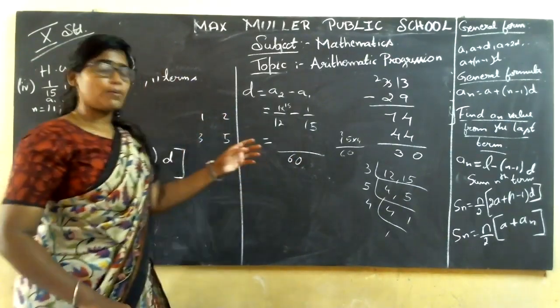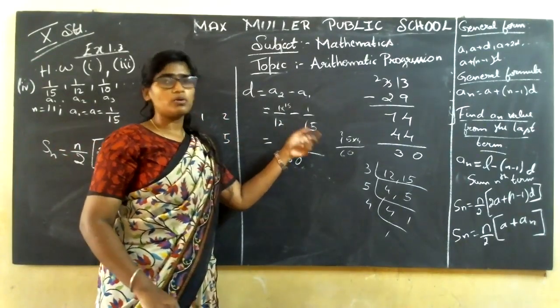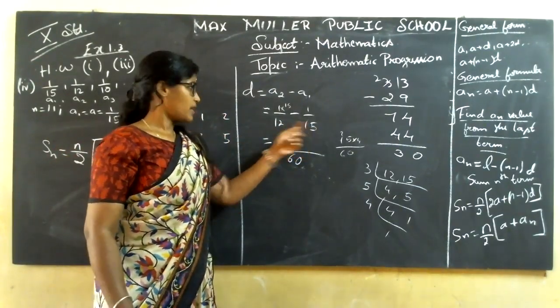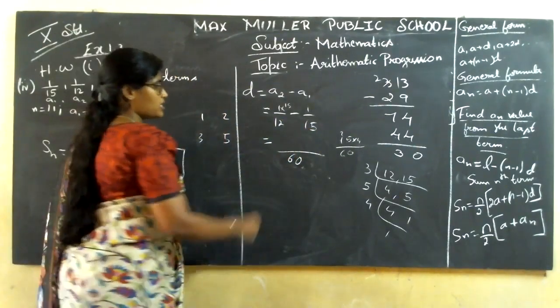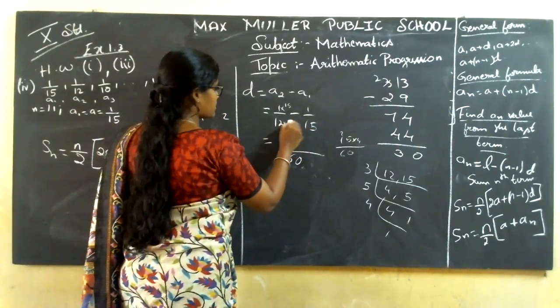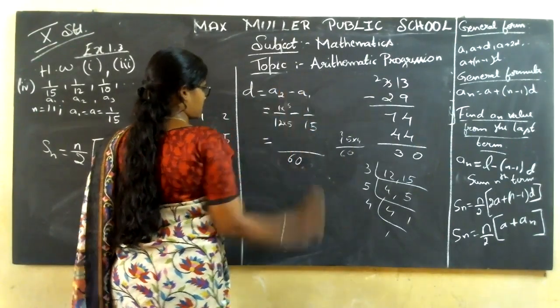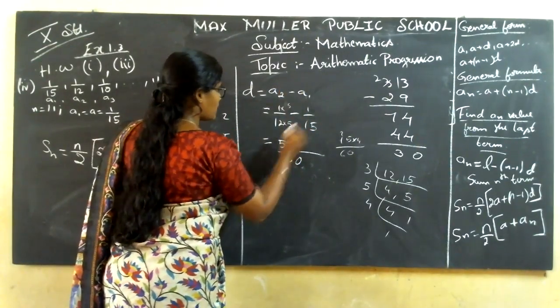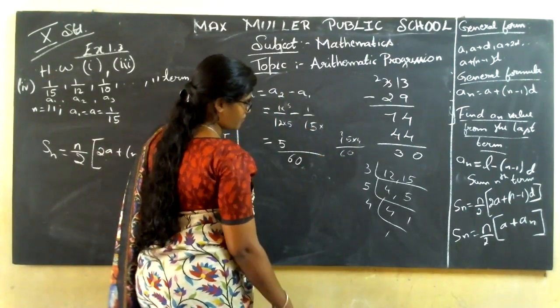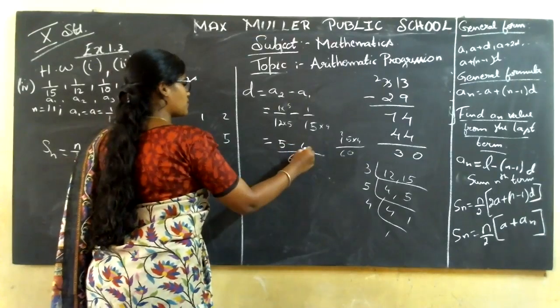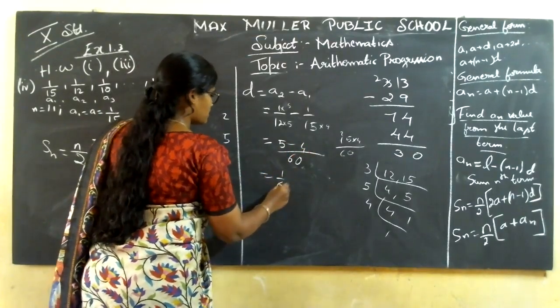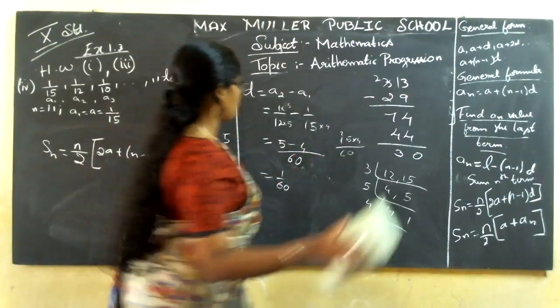When the denominators are different, you are going to multiply them, and here also the denominators are different, so I'm going to multiply it. So you get 60. So 12 how much is 60? 12 5s are 60. So it is 5. And 15 how much are 60? 15 4s are 60. So it is 4. You get 1 by 60 as the common difference.